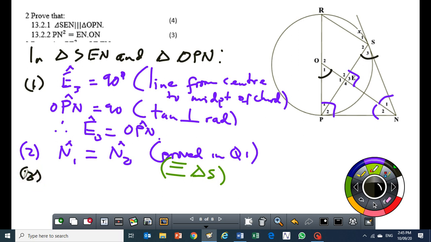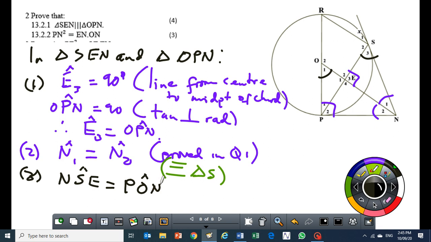Then number 3 is going to be angle NSE is equal to PON.